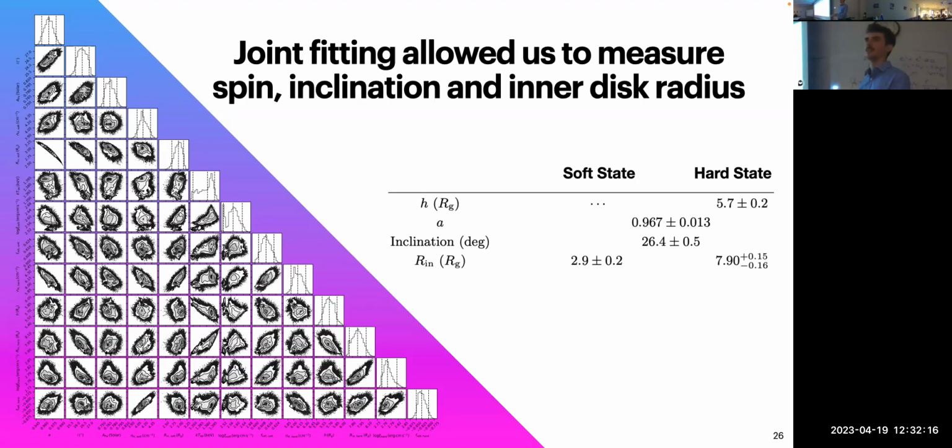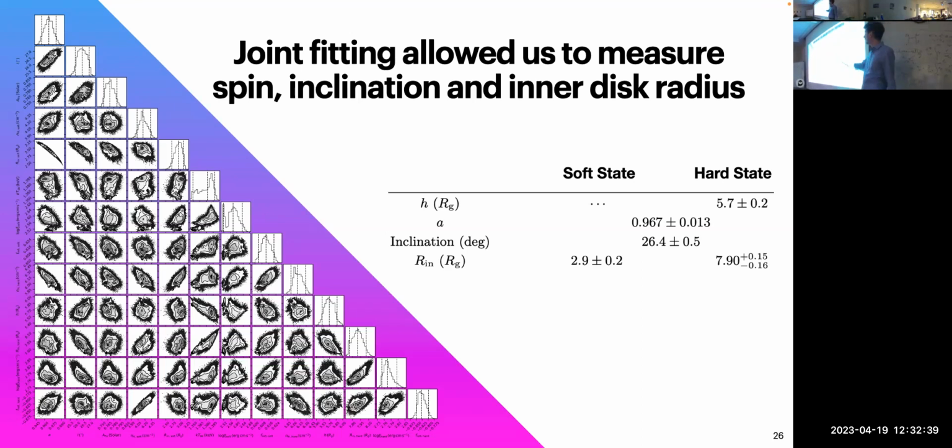We want to know how close the disk comes to the compact object. By doing this joint fitting, again, don't worry about the numbers, but it's cool to look at, we definitely push down the degeneracy between a lot of these parameters and are able to constrain them a lot better. There's still some dramatic degeneracies, but some of those are impossible to avoid, right?